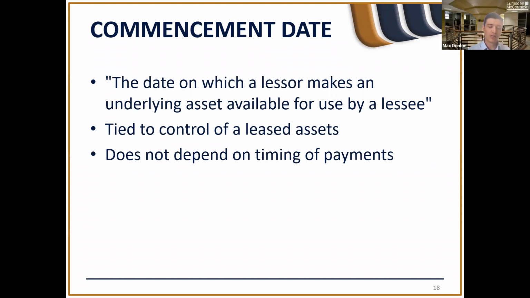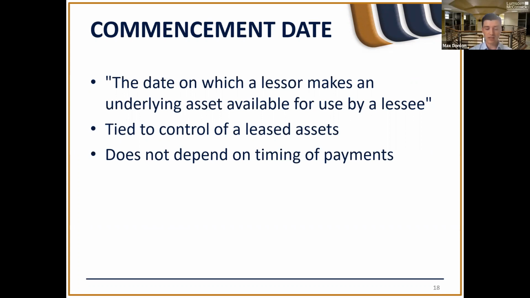As an example, if you have a retailer who enters into a lease agreement with a mall operator and rent payments are set to begin once the retailer opens their store, which is anticipated to be in October, if the retailer installs leasehold improvements to customize the space to their requirements prior to the opening, and the lease allows the retailer exclusive access to the space beginning in August to install these leasehold improvements, when would the lease begin?